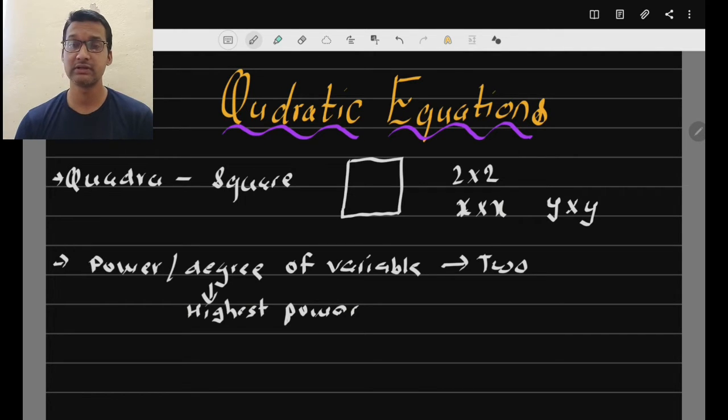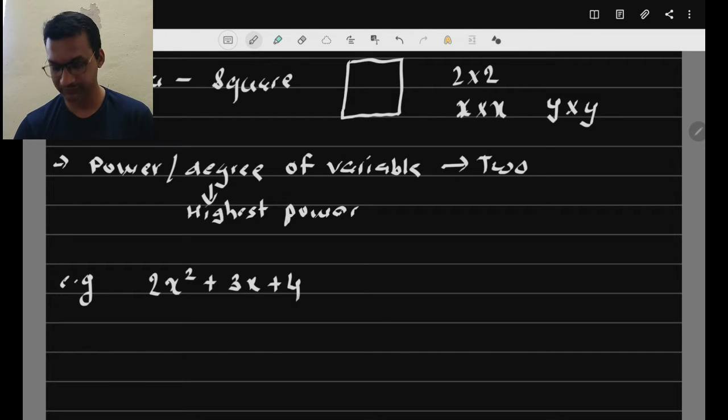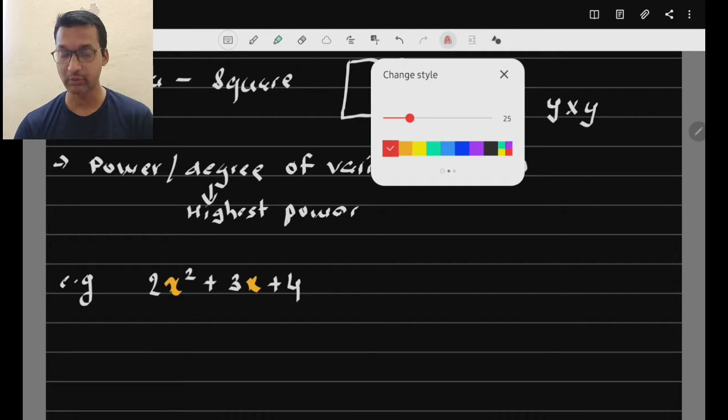Let us try to understand this with the help of an example. If I take an example of a quadratic equation, it will look something like this: 2x square plus 3x plus 4. Now in this example, first try to identify the variable. Here the variable is x. Now this variable has two powers if you observe properly.